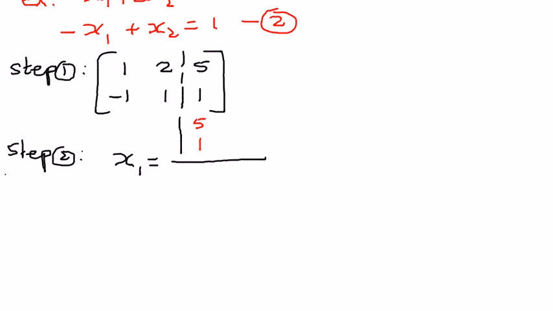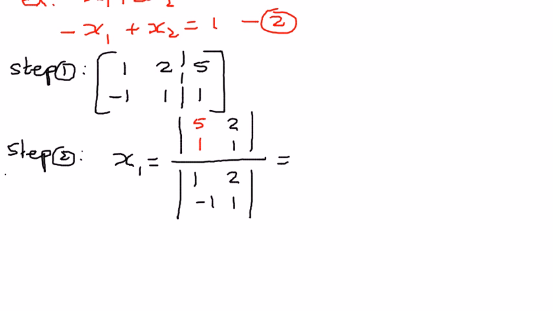We keep the second column the same, which is 2 and 1. That is the numerator determinant. In the denominator, that will be the determinant of the original coefficient matrix, which is 1, 2, negative 1, and 1. Now we can expand this and find the value of x1.